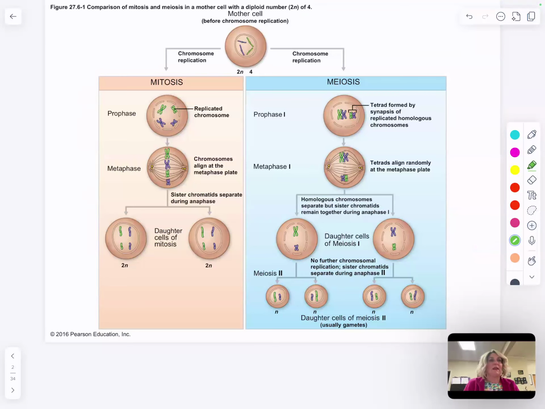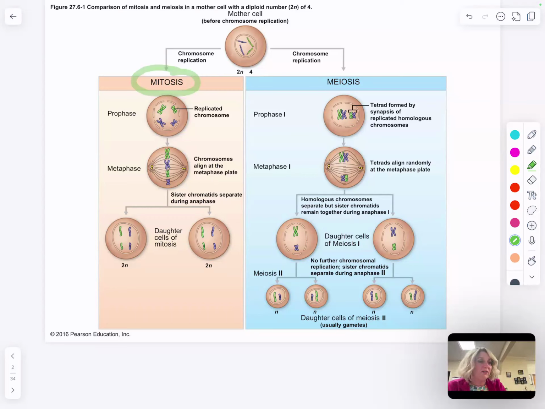Now, in order to understand how the sperm and the ovaries work to form that zygote, we have to differentiate between mitosis and meiosis. Pretty much all cells in the body go through mitosis.